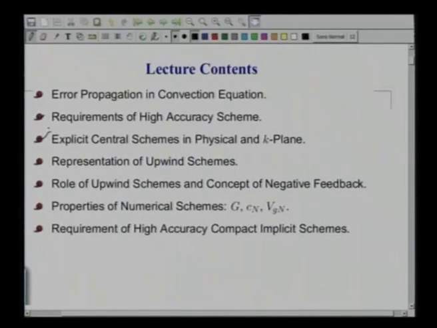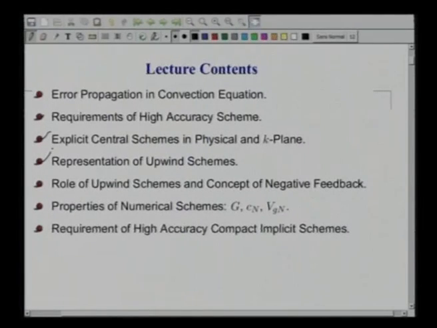We will realize that many a times central schemes by themselves would not be adequate, and we would require some bit of numerical dissipation coming through upwind schemes, and that is what we need to represent, and we will find out what it is.